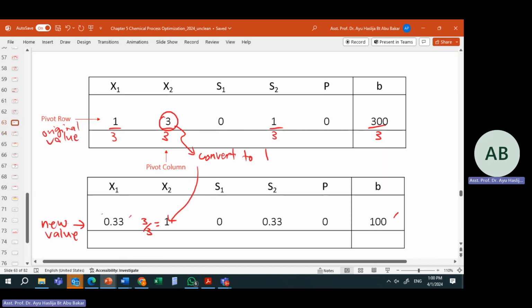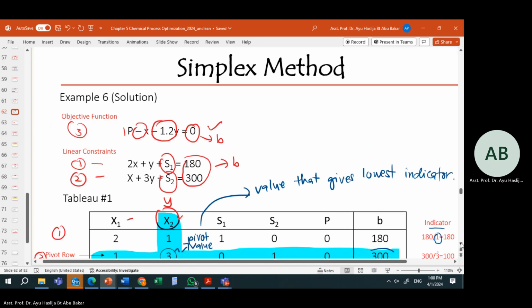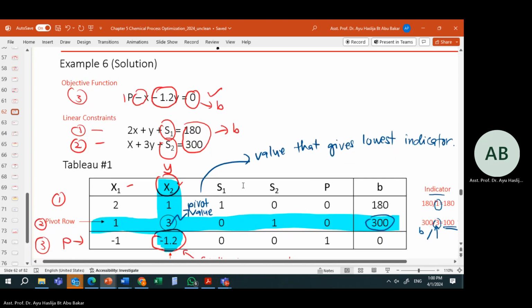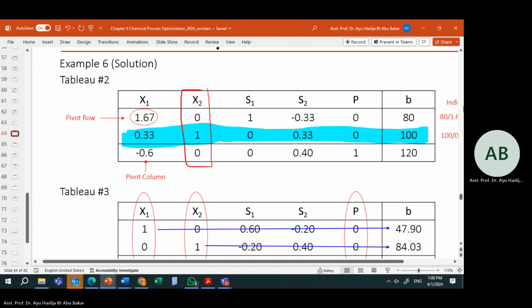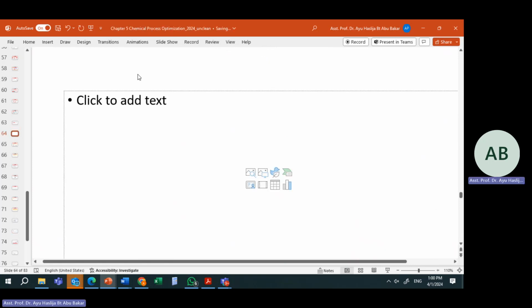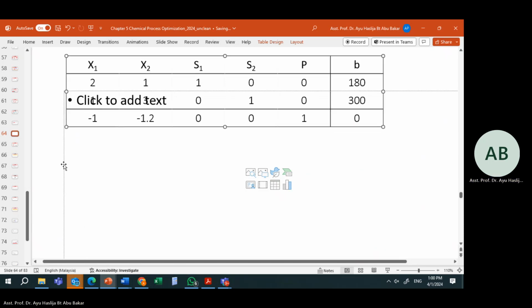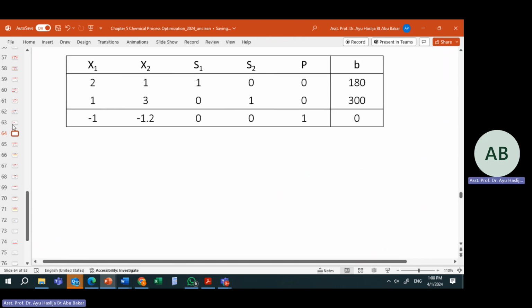I take back the original value. This is the original table. I put it here first to show you how we should convert to 0.